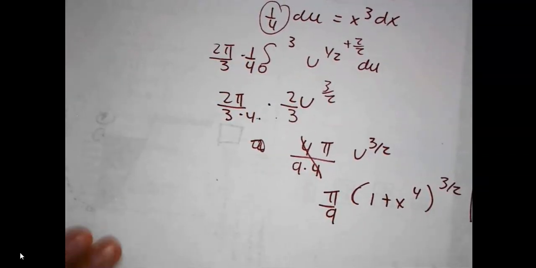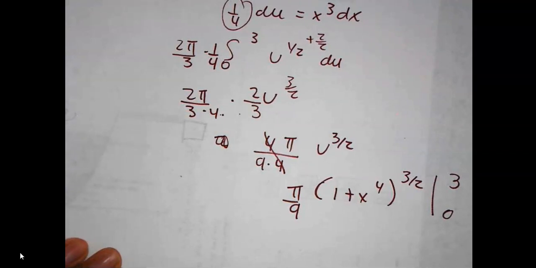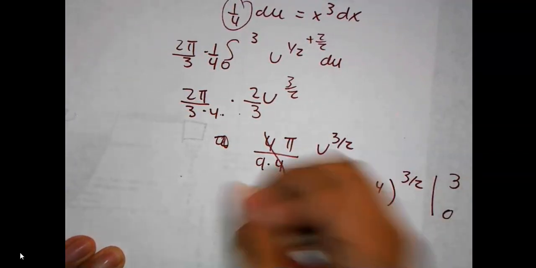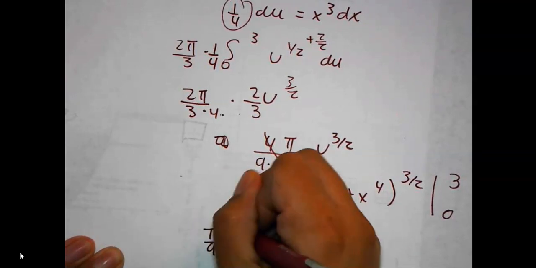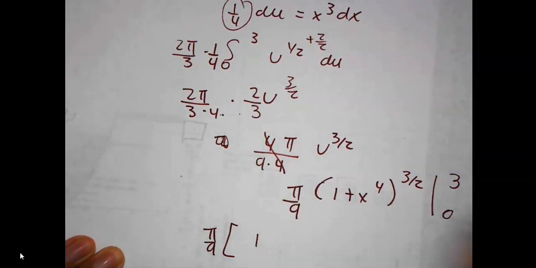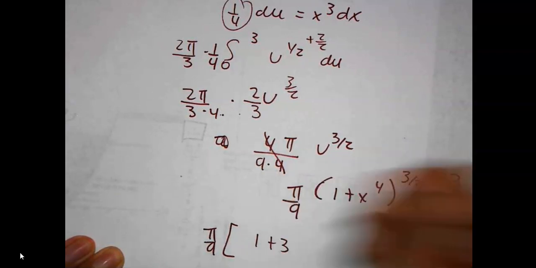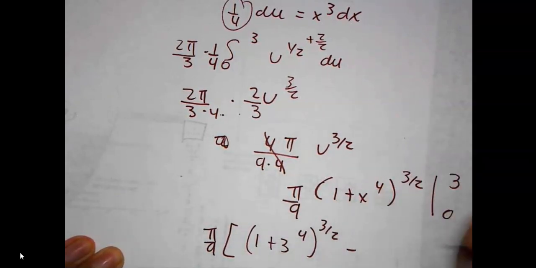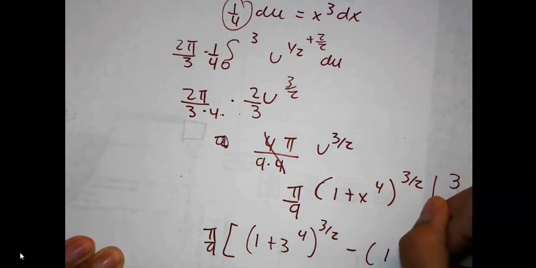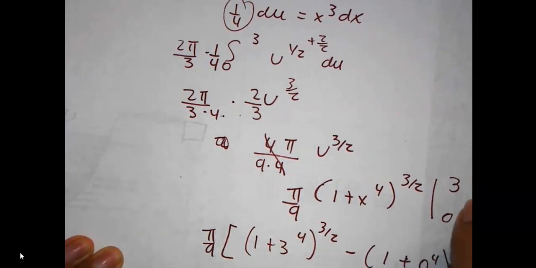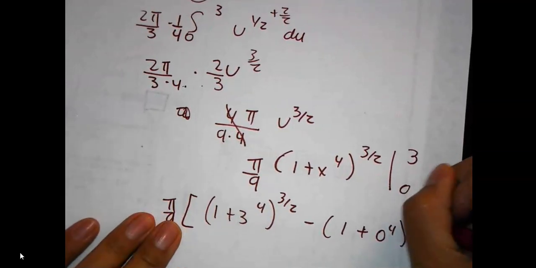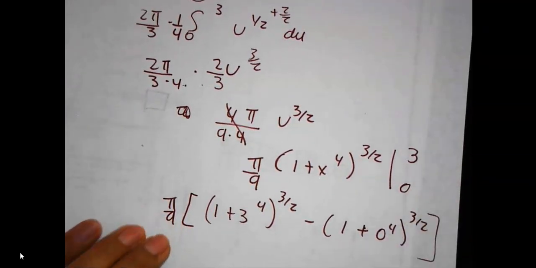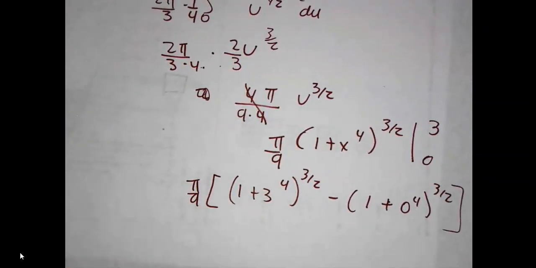We plug in the 3 and the 0 because there's a 1 right there. So we're going to plug in 1 plus 3 to the 4th power, to the 3/2, minus 1 plus 0 to the 4th power, to the 3/2. Okay? Simplify, and that will be our answer.